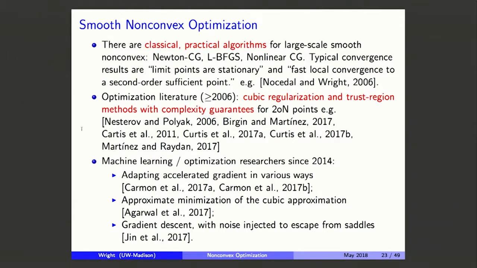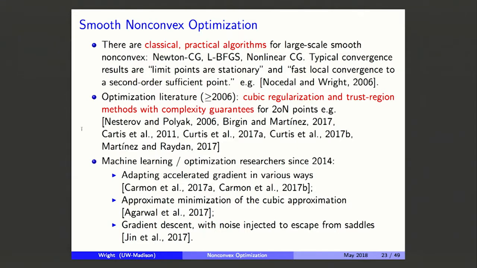Since 2006, there was this paper by Nesterov and Polyak that spurred a lot of interest in getting complexity guarantees. Since then, there's been a bunch of work in the optimization literature on using cubic regularization, that is, a model based on that cubic upper bound I mentioned earlier, or going back to look at trust region methods, which are guaranteed to have accumulation points that are second order necessary points.